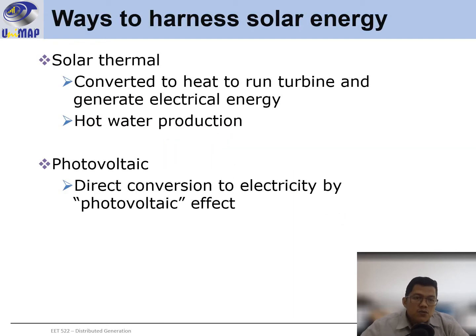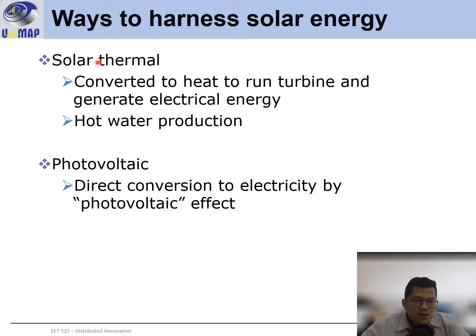There are two ways in which we can harness the solar energy, or the energy from the sun. The first one is solar thermal. In this technology, we use the energy from the sun and convert it to heat. This heat can be used to run a turbine and generate electrical energy.